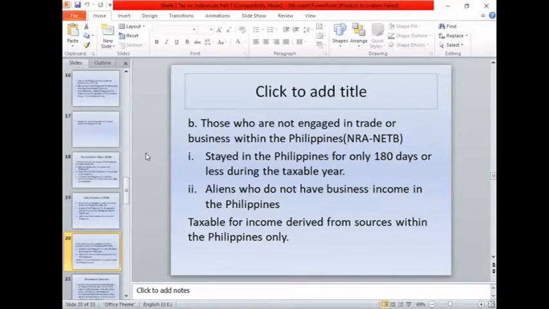They are here to do work for a project base which cannot span more than a year. So this kind of status is a non-resident alien not engaged in trade or business, and therefore the non-resident alien, regardless of whether they are engaged in trade and business or not, only their income in the Philippines is subject to Philippine tax. Okay?